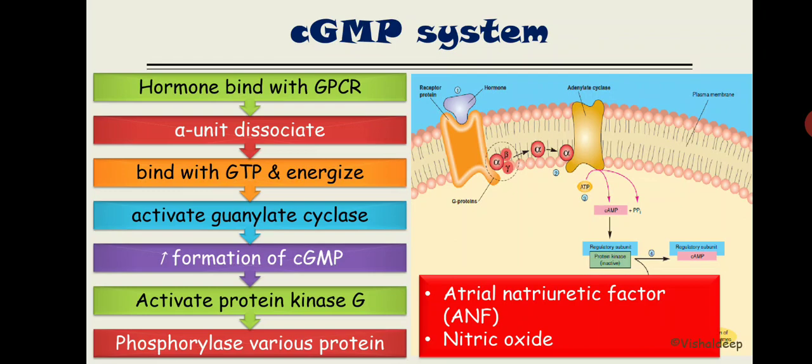Now here's the thing. One ligand can bind with different types of receptors and produce different types of action. Let me give you an example of that. Dopamine is one ligand. Dopamine is stimulating one portion inside the basal ganglia and inhibiting the other portion inside the basal ganglia.